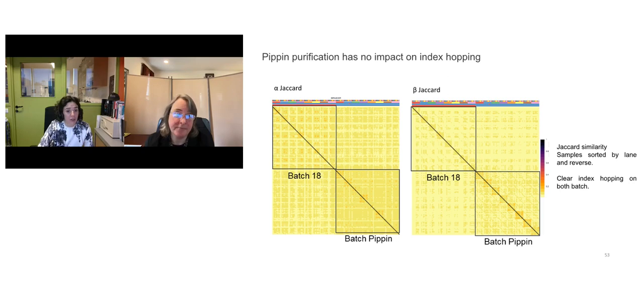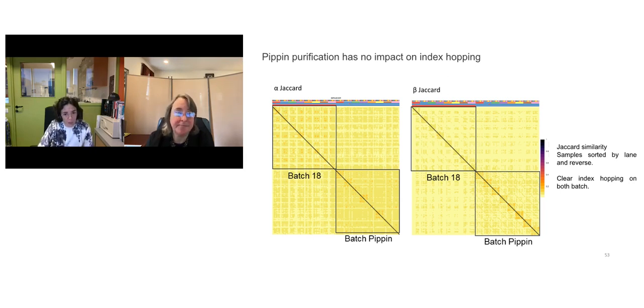They shared the different barcodes and indexes that were used. So this again shows that there is a tremendous index hopping between our samples, even after removing these small sequences. So there is still some work to do.